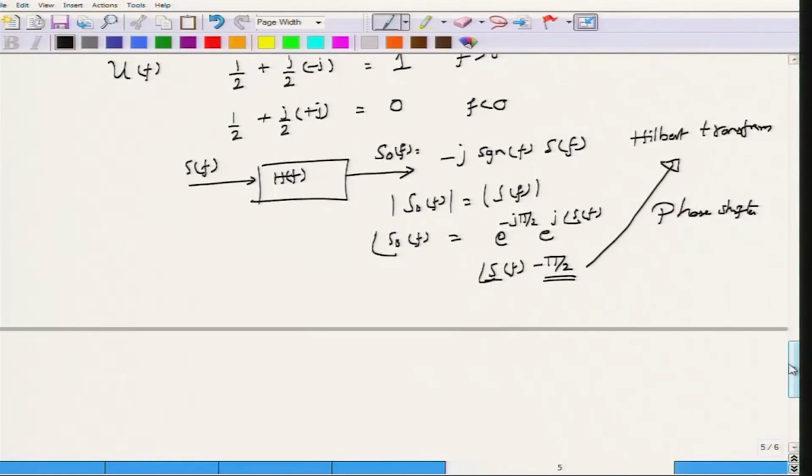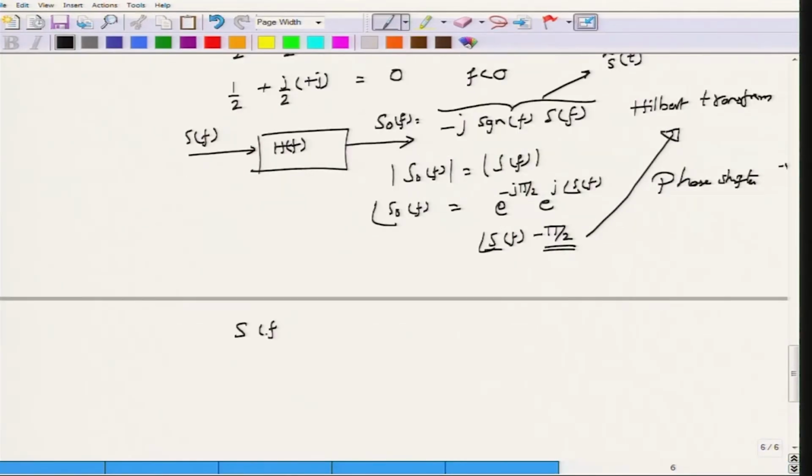Now, what is the significance of that? Well, if you denote the output of the filter in the time domain, that would be a complex signal which can be written as s hat of t. If I take this minus signum function of f into S of f, that would correspondingly give me a complex number.